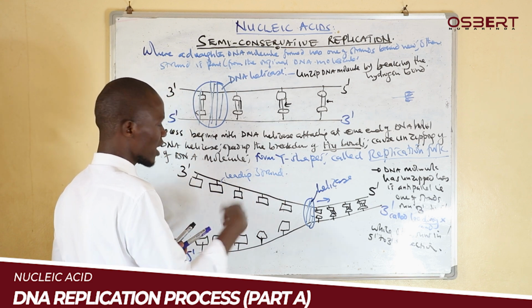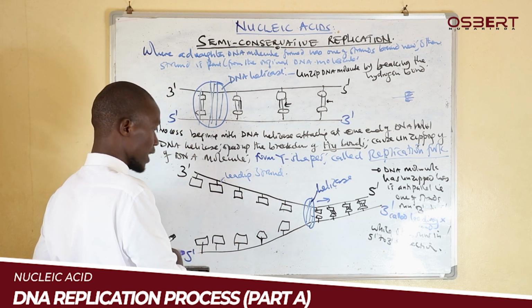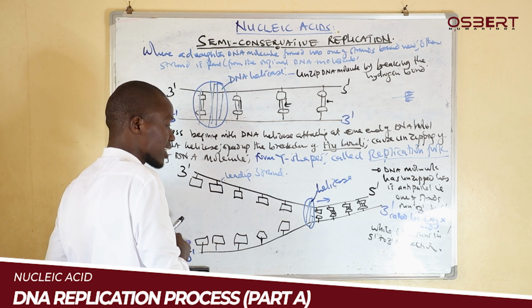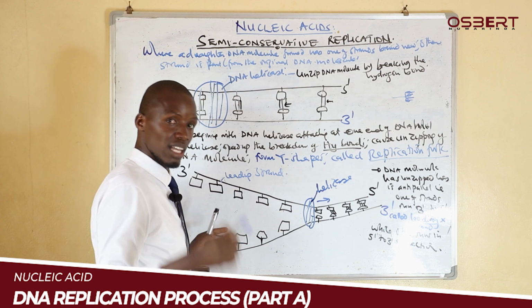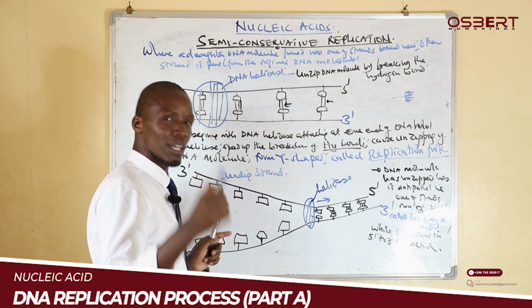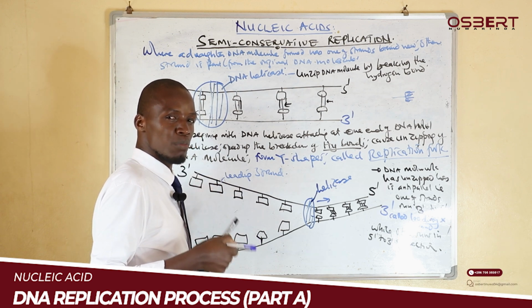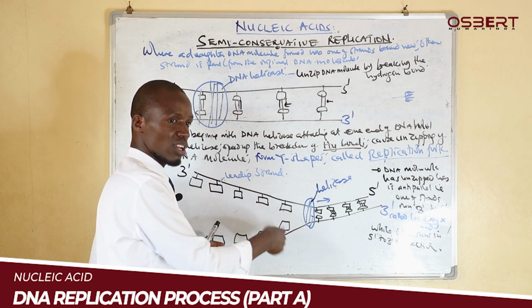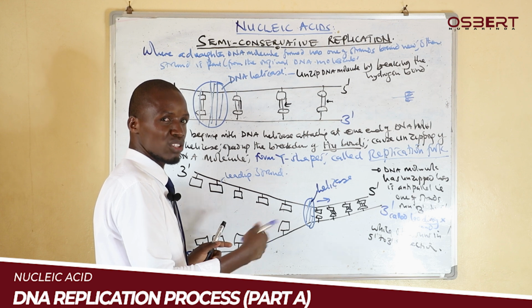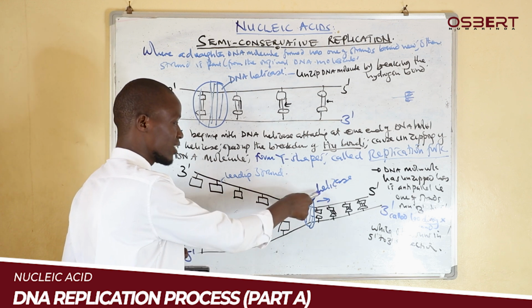Then the other strand, I am naming starting from the direction where the helicase is coming from. Please take note, I am basing this on where the DNA helicase is coming from. That's why I'm saying with respect to how DNA helicase is moving.